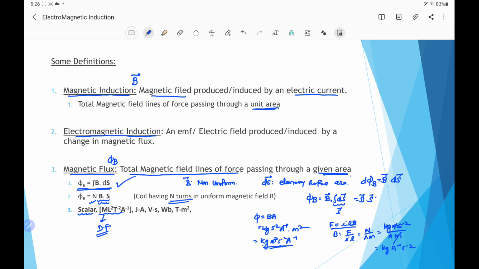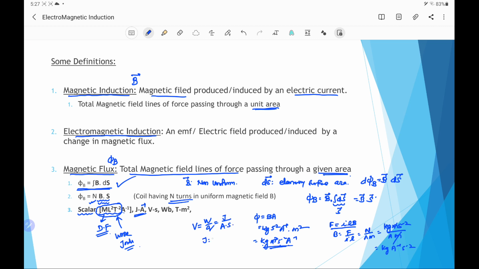And we know this ML squared T to the power minus 2 represents work, or joule in terms of unit. So we can write it as joule per ampere. And we know that voltage or potential is V equal to W by Q. We can also write it in terms of unit: it is joule per Q, and Q is IT, current into time, that is ampere second.